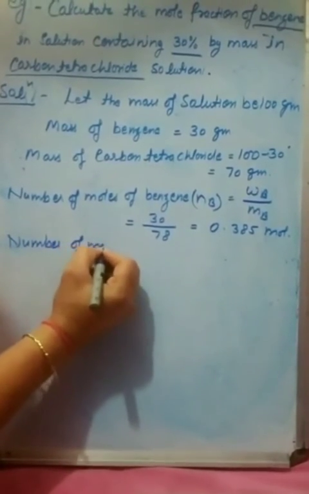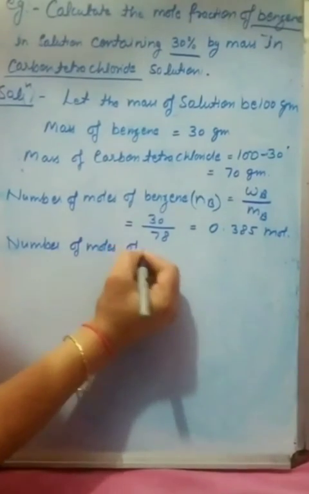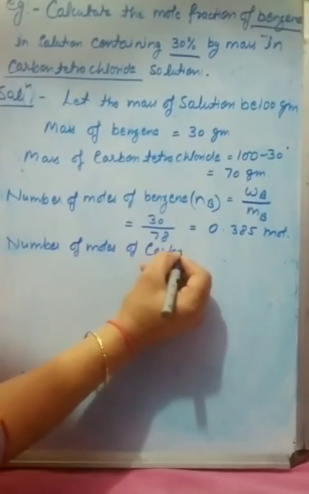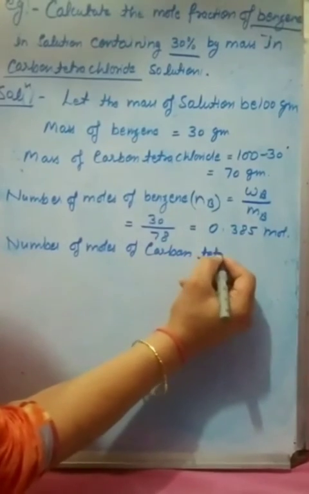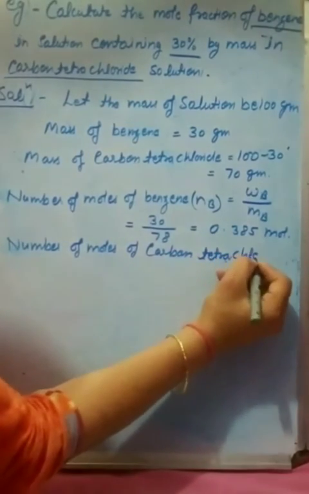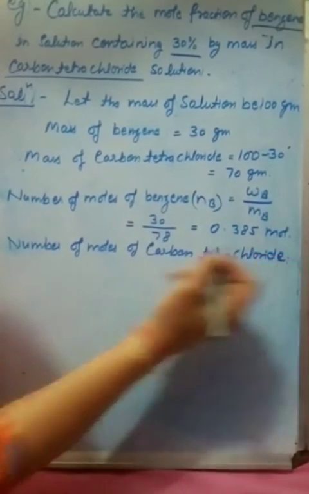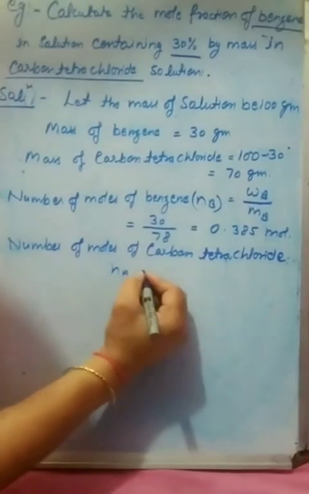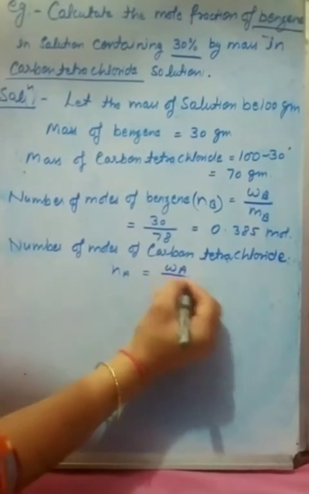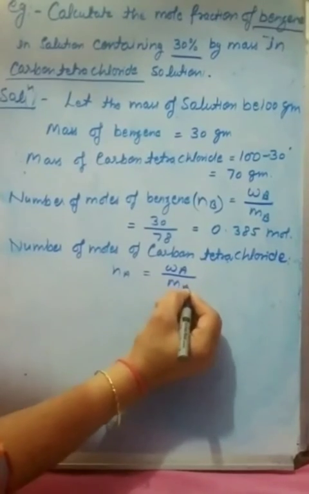Now calculate the number of moles of carbon tetrachloride, that is Na, is Wa upon Ma.